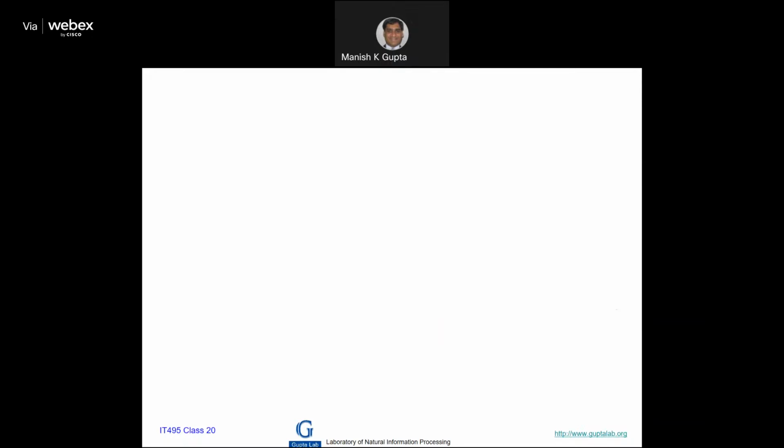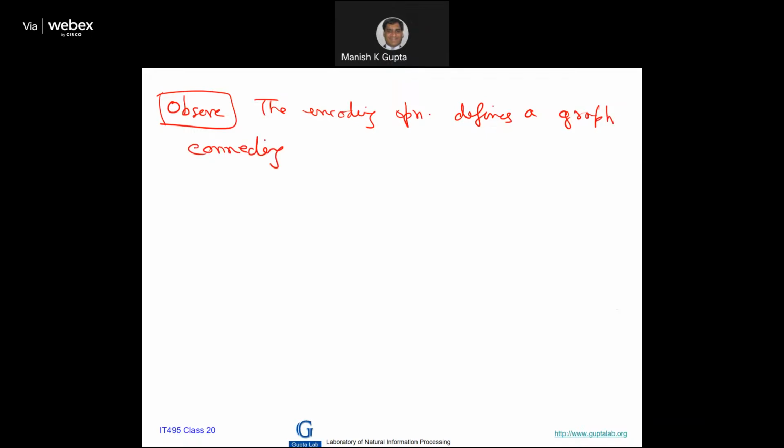Okay, so now I think we are ready. Let me show you. Just observe one very important thing in the encoding procedure: the encoding operation defines a graph connecting encoded packets to source packets.